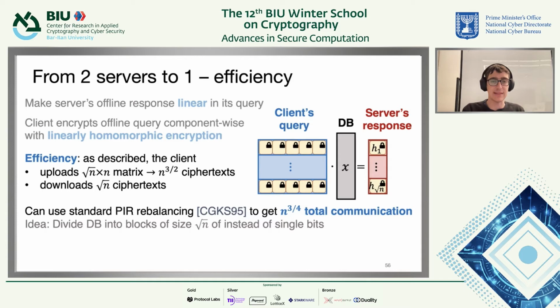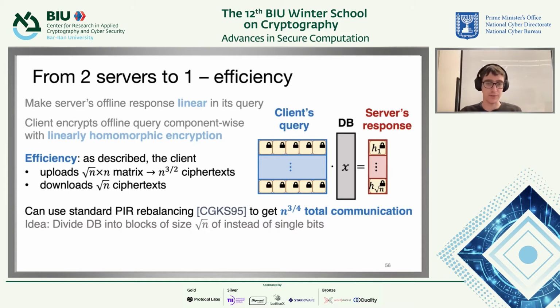This basically shrinks the number of database entries, so the cost is not n to the 3/2, but just square root n to the 3/2. So we would have a sublinear in n cost. With this kind of rebalancing, instead of a superlinear upload and square root n download, we even things out. And this gets us n to the 3/4 communication.